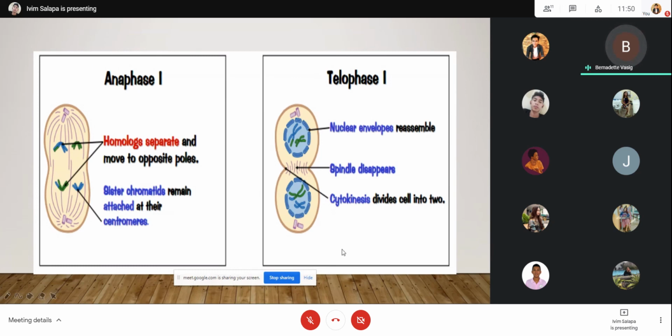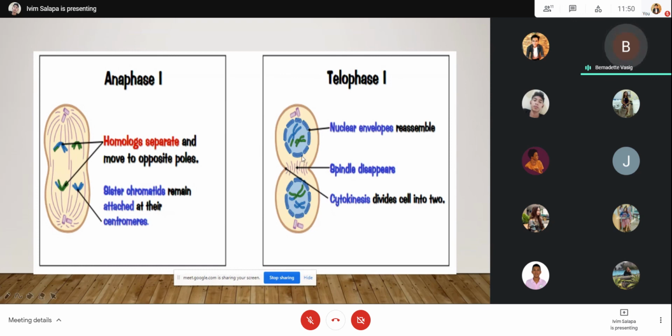So the product of mitosis is diploid, and the product of meiosis 1 is haploid. And after meiosis 1, it will undergo another round of division. Mr. Salapa, it is haploid, but the chromatids are still intact. Yes, ma'am.